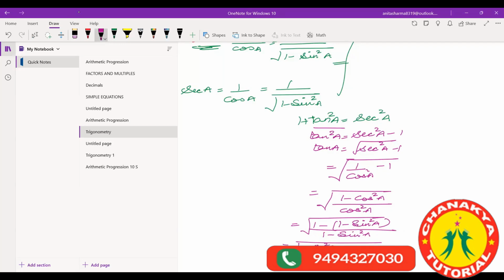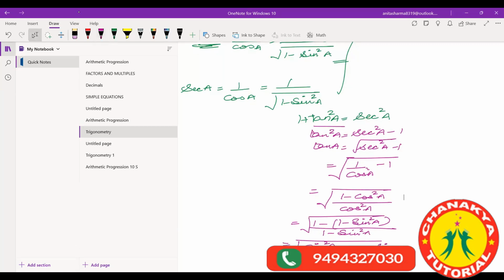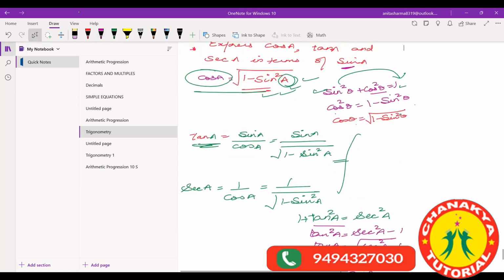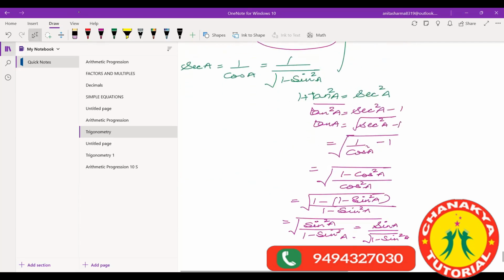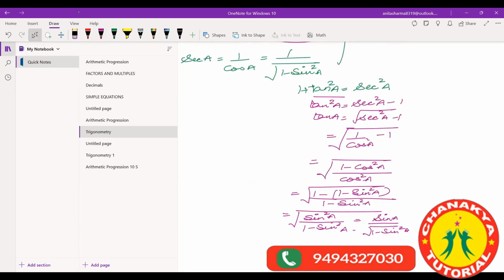Yes, ma'am. Or you can open the square root also. Sin A will come outside the square root and under root 1 minus sin square A. Now see, I have already evaluated it. Ma'am, you told 1 minus sin square, so can't we take the root of 1 minus sin square? No, no, no. See, because this is 1 minus sin square A, right, beta?